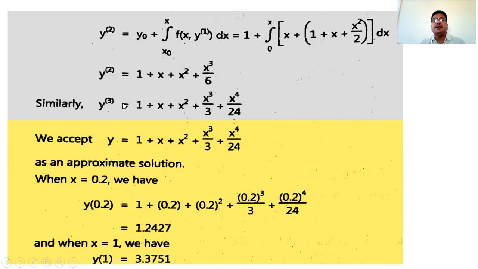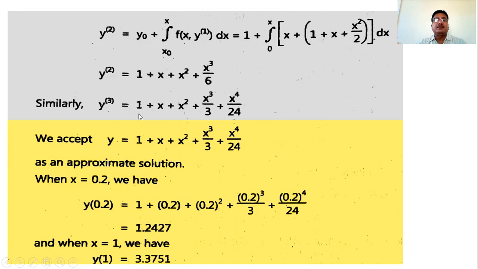Integrating, we take the value at the upper limit minus the value at the lower limit. This is x + x, which is 2x. Its integral is 2 times x squared by 2, that is x squared, and the integral of x squared by 2 is x cubed by 6.